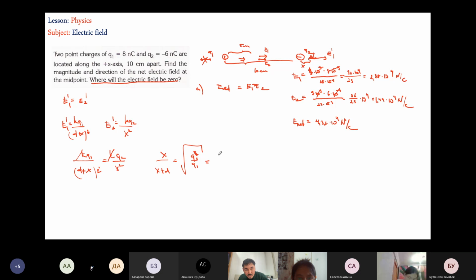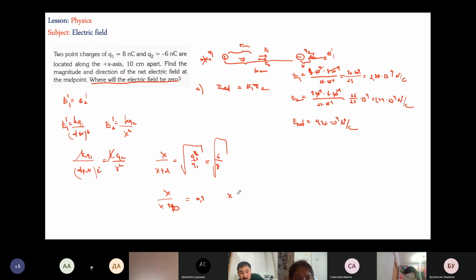So X over (X plus D) equals the root of Q2 over Q1, which is 6 over 8 in root. 6 over 8 is 0.75, and in root that will be 0.9. So X over (X plus D), with D as 10, should be equal to 0.9. I took the root right away.